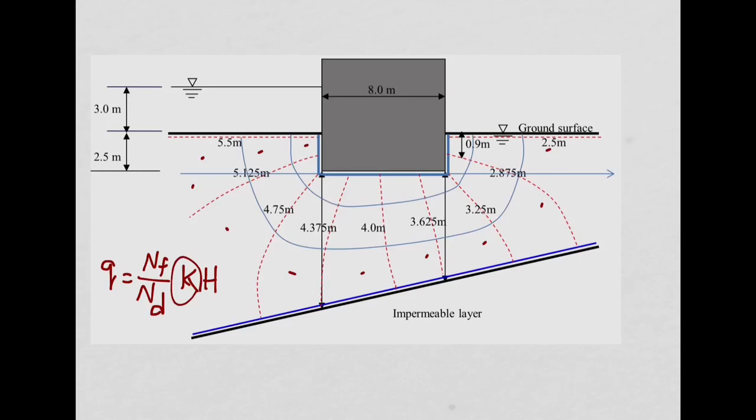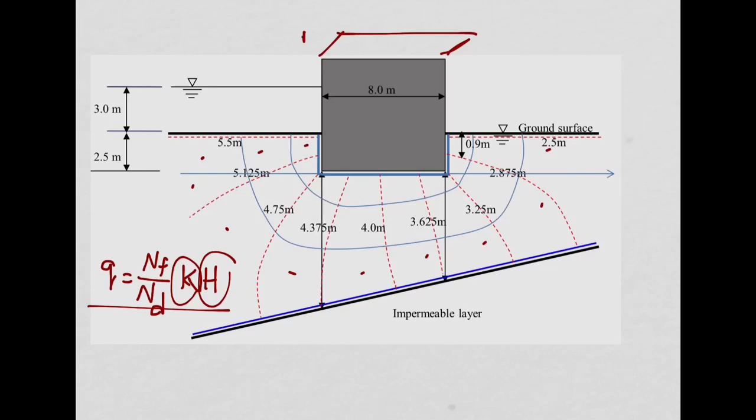K is already given. H is the difference between upstream and downstream head. Then we can get Q, and remember this is only per linear meter of the dam, that is, per 1 meter perpendicular to this page.